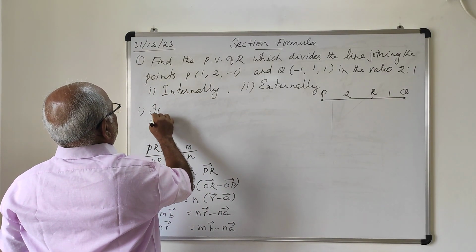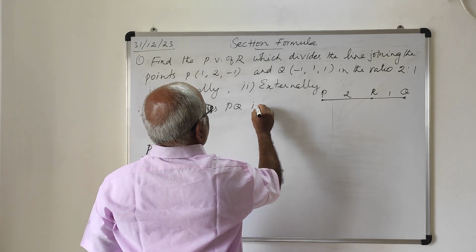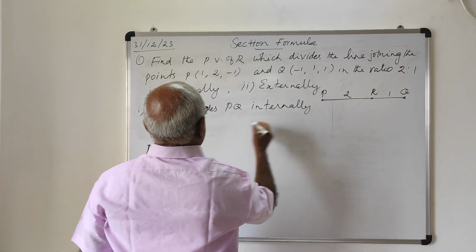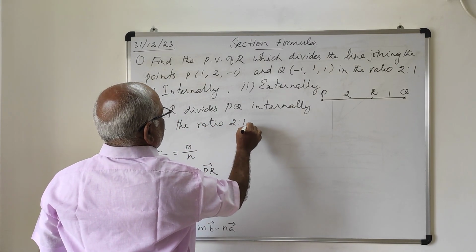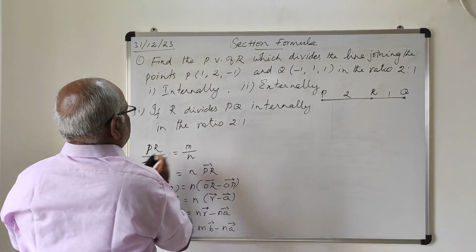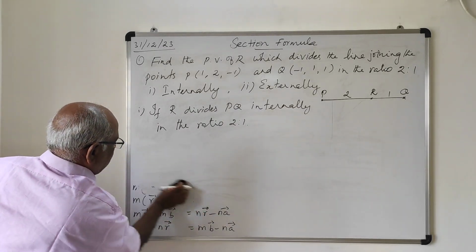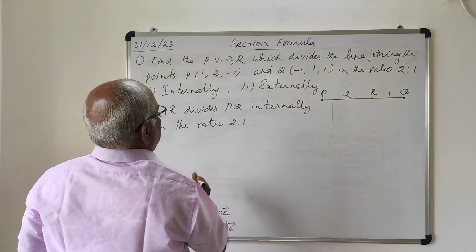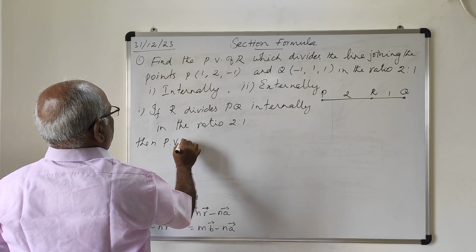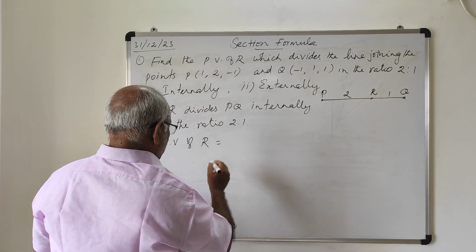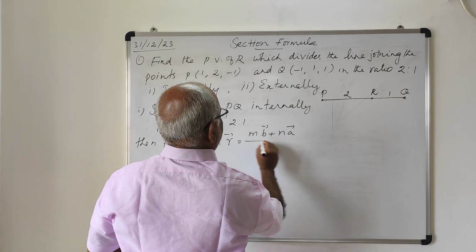First, if R divides PQ internally in the ratio 2:1, then its position vector R equals (mb plus na) by (m plus n).